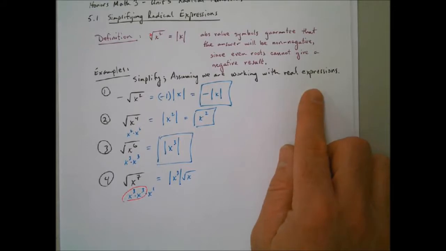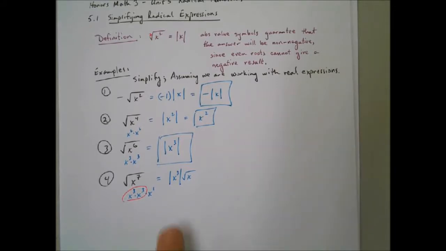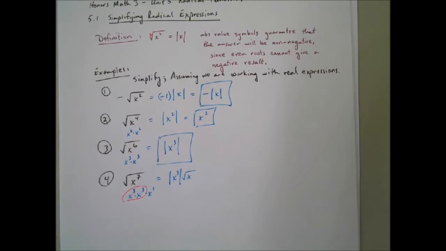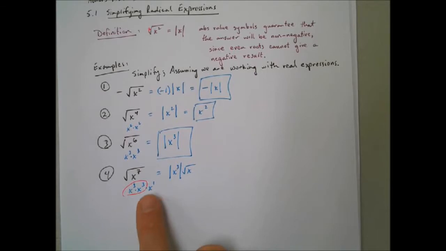We are assuming that we are working with real expressions, and that's part of what I was talking about, the fact that we're not going to have imaginaries there. So if x is negative, a negative to the 7th power would be negative.